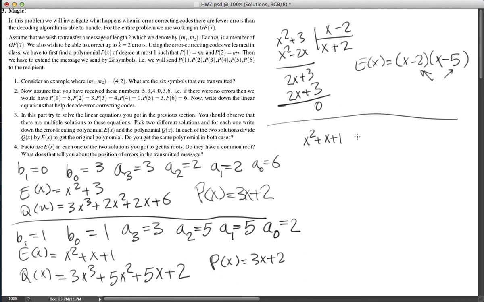So again, this thing should be divisible by x minus 2. So let's go ahead and divide. We have x here, so we get x squared minus 2x. When you subtract, you get 3x plus 1. And then we have a 3 here, so you get 3x minus 6, and the minus 6 is just 1.